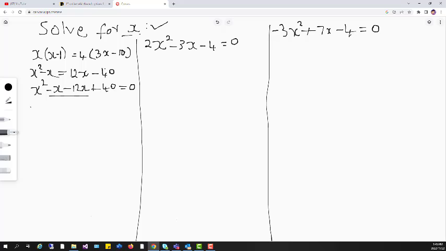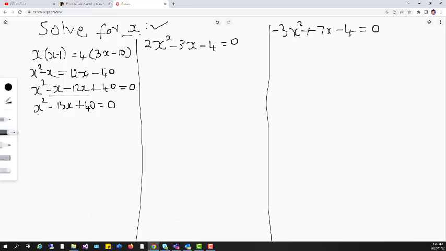Now we have two like terms there. We will then have x squared minus x minus 12x, which is minus 13x, plus 40, equals 0.